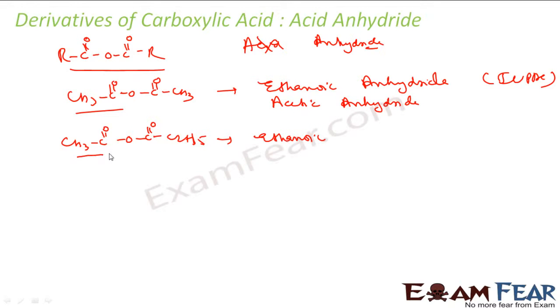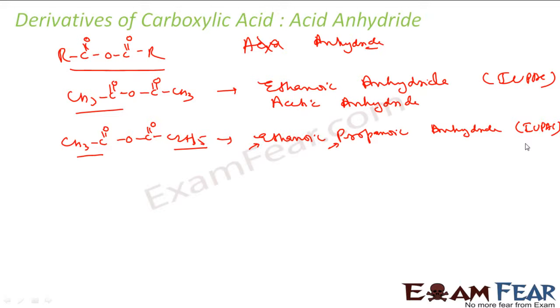Ethanoic for this, propanoic for this, anhydride. And why does ethanoic come first? Because A, B, C, D, E comes first, P comes later. It's ethanoic propanoic anhydride. That will be the IUPAC name.